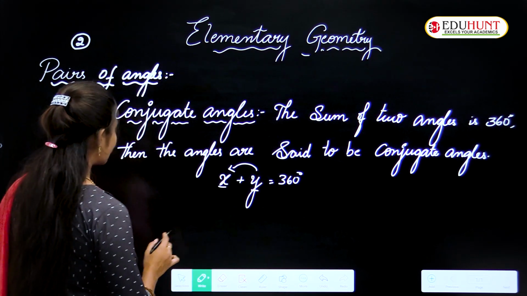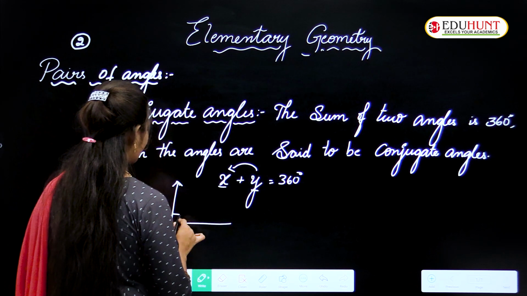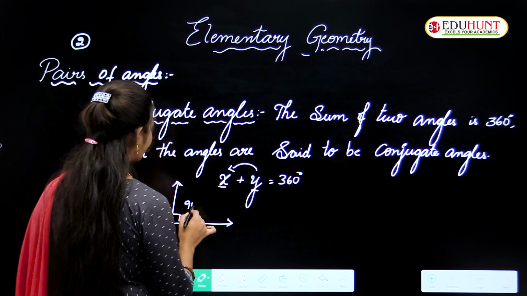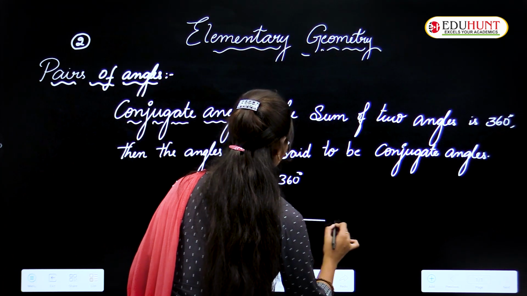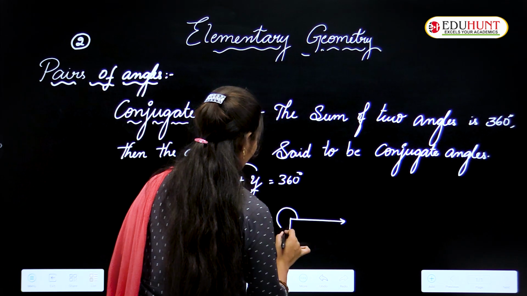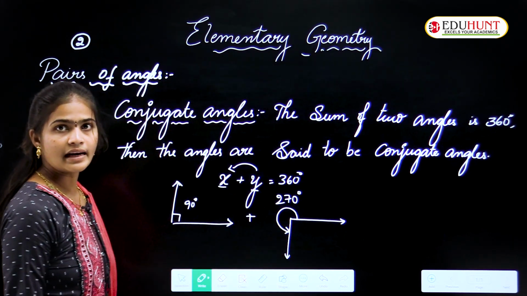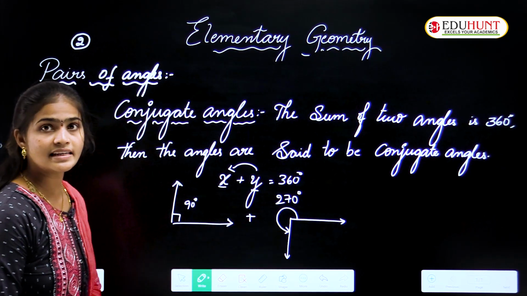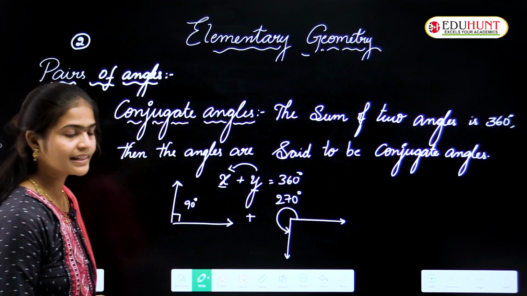Okay, so here is an example. 90 degrees plus 270 degrees. Okay, 90 degrees is a right angle and 270 degrees is a reflex angle, no? So here I have taken 270 degrees and 90 degrees.